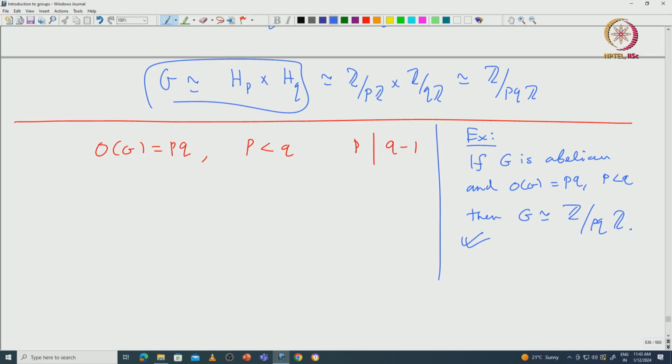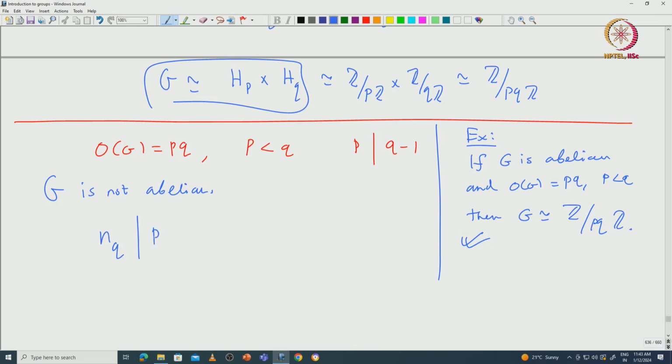Okay. So the similar reasoning that we used here works when you assume G is abelian. But if G is not abelian, then what can we say? So we can assume that G is not abelian. Then look at this NQ as before.